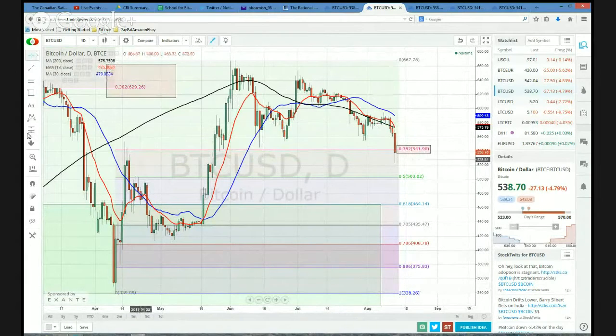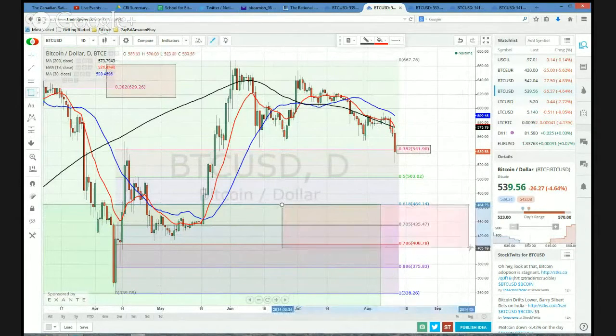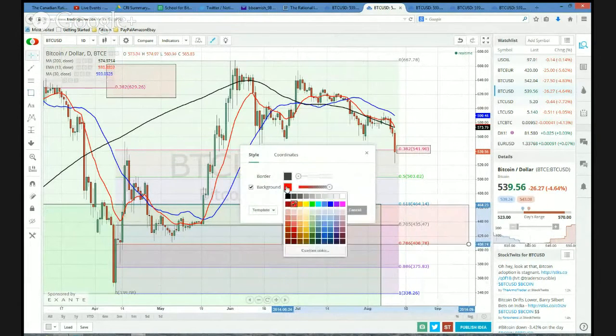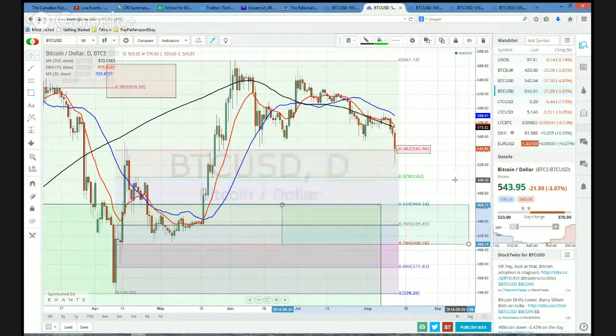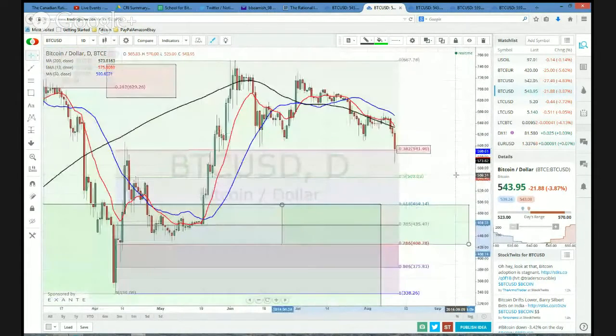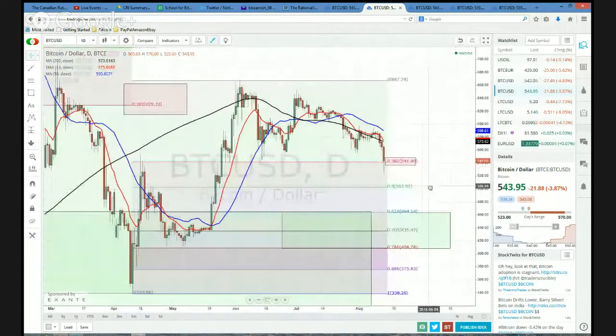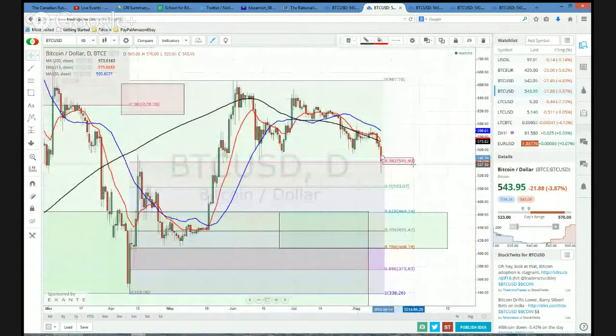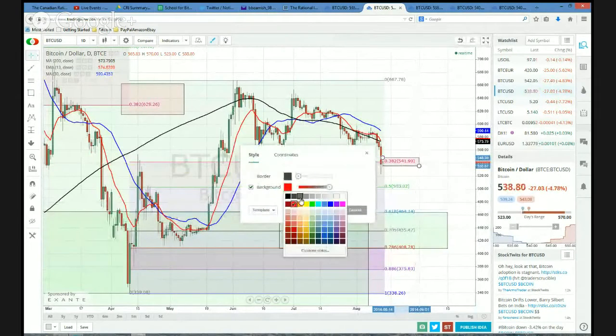So the point here is OTE is down in this area. So we can make an argument, and I don't want to sound redundant, but basically it's a fairly consistent message. Let's maybe change this to yellow.